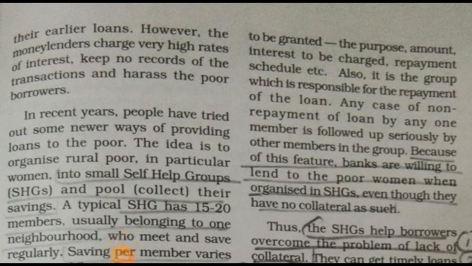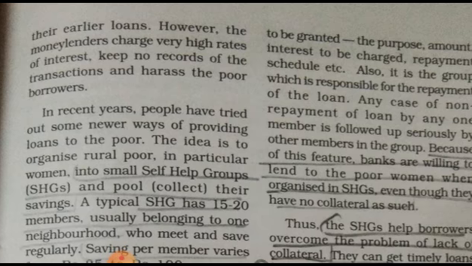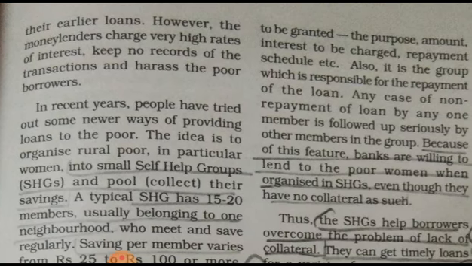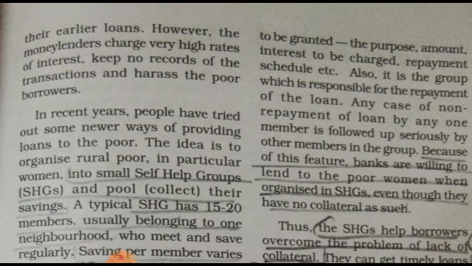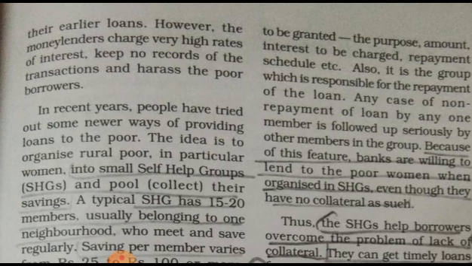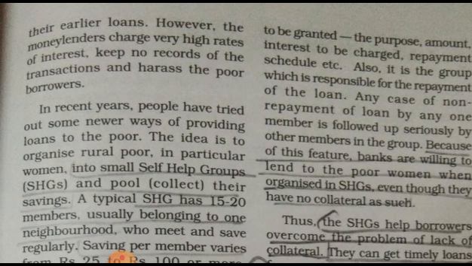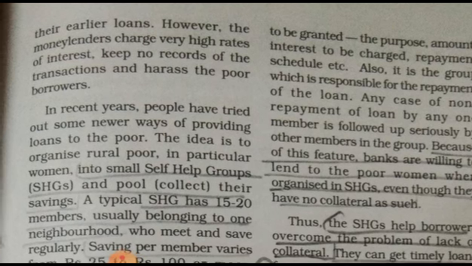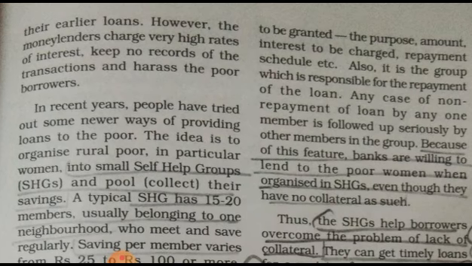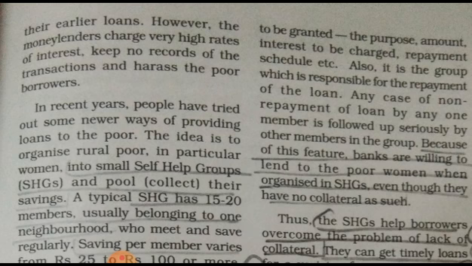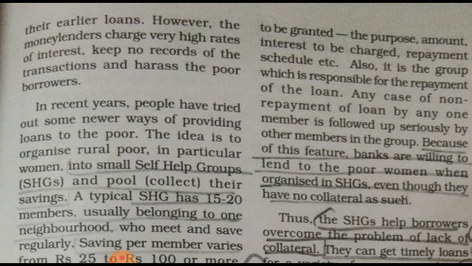Means 15 to 20 members come together and pool their resources for giving loans to needy poor households, usually belonging to one neighborhood, who meet and save regularly. Saving per member varies from 25 rupees to 100 or even more, depending on the ability of people to save.